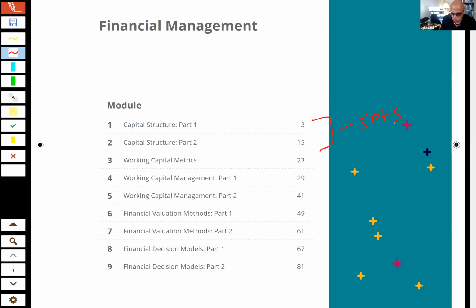We're going to talk about working capital. Okay, and you're going to see that there's quite a bit of discussion. We talked a little bit about some of that section last time, so we won't have to review. I think it was part 2 we had started to look at. We won't repeat that, but you'll see that many of these working capital metrics deal with financial ratios that will allow us to evaluate the performance of the company, looking at things like the current ratio and some of these other things.